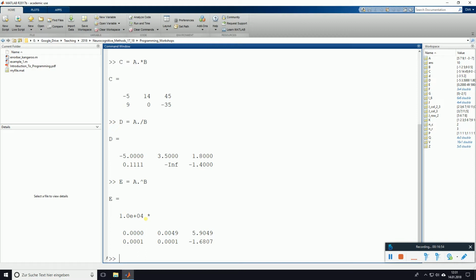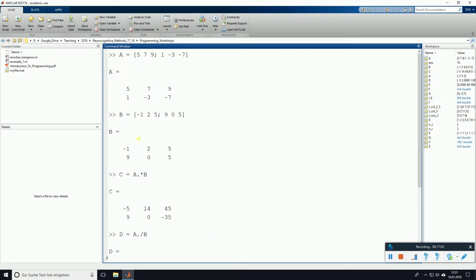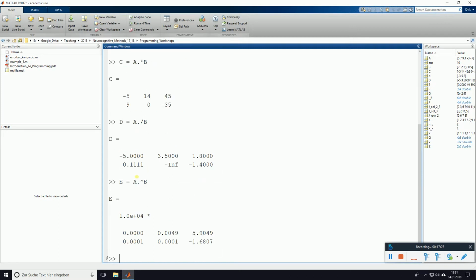which we clearly E A times B. No, 5 to the power of -1. What has happened here?